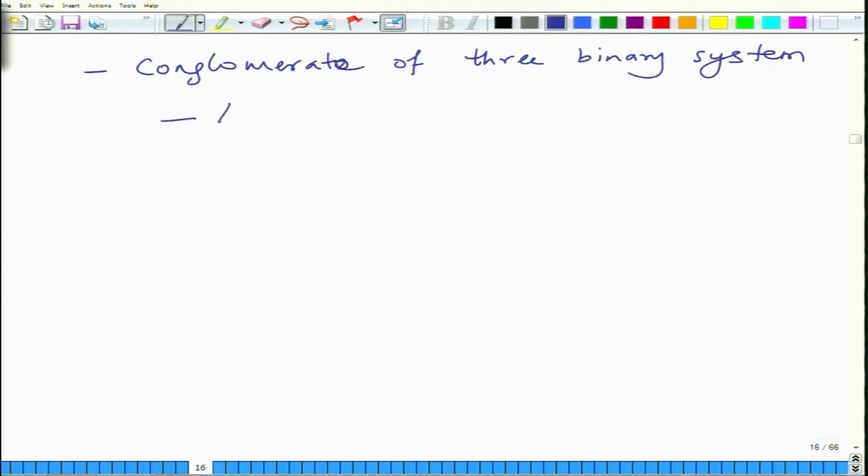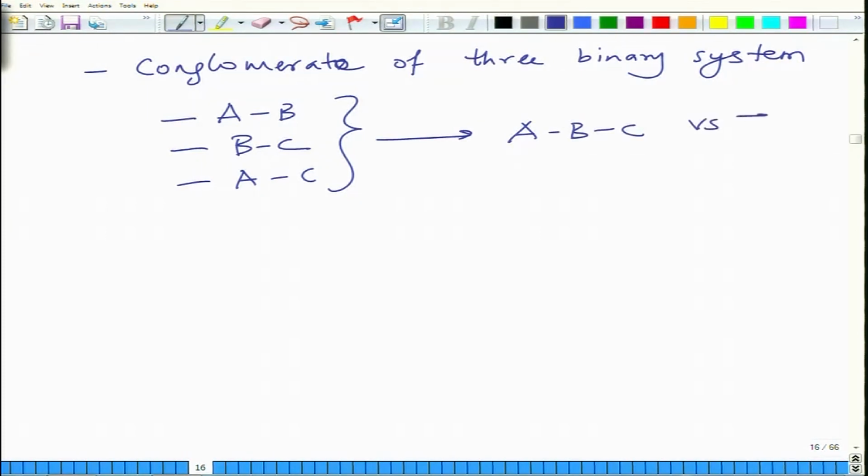So the first one is AB, second one is BC and third one is AC, and these three together give you a phase diagram between A, B and C versus temperature. Okay, so three binary systems are put together to construct a ternary phase diagram. The corners of this triangle, this is called a Gibbs triangle.